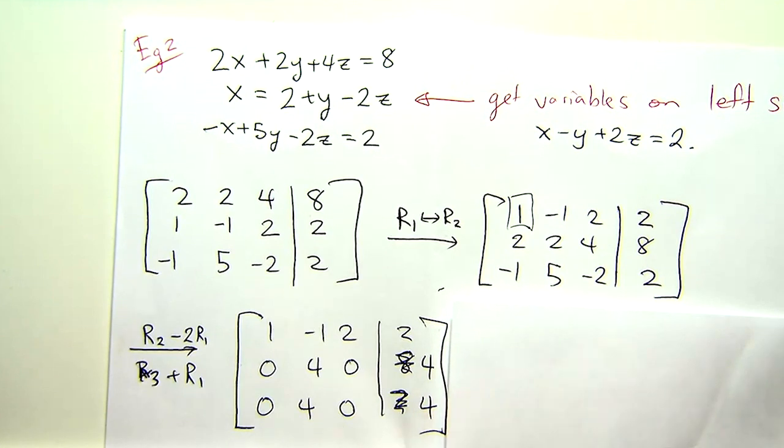So at the same time, I'm going to take the third row and also add the first row. I'm just going to do 2 steps in one. Row 2 minus 2 times the first row, and row 3 plus the first row, right?